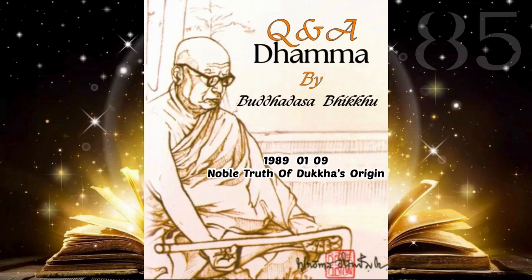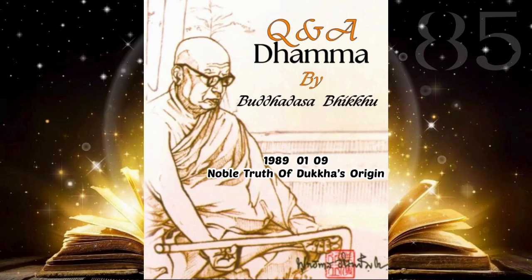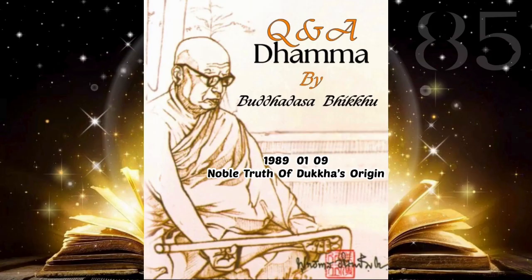The first is Kama Tanha, which is craving for sensuality, for sensual pleasures, basically craving to get. Then the second is Bhava Tanha, craving to be, craving to exist, or to become. And then the third is Vibhava Tanha, craving to not exist, craving to not be.